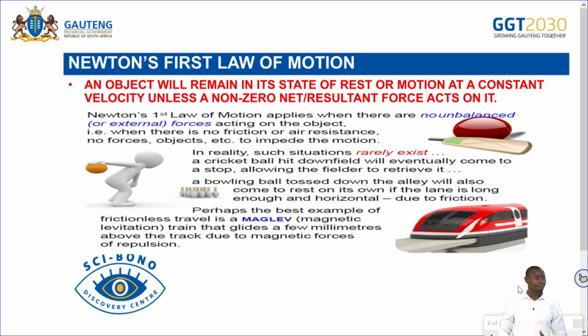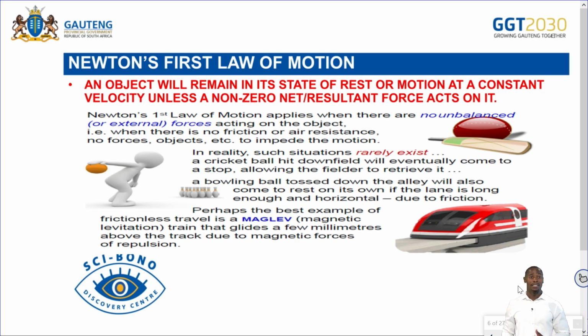Okay, so then again, although it's scarce to have such situations, what we need to know, learners, is that if an object is at rest, it will remain at rest. If an object is moving at a constant velocity, it will remain moving at a constant velocity unless a non-zero net force acts on it.